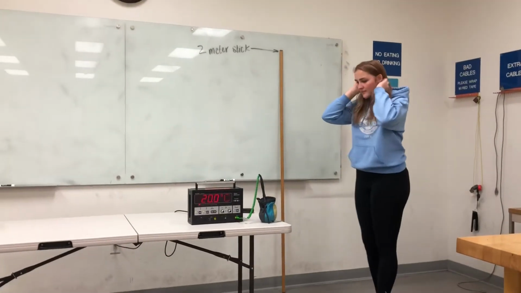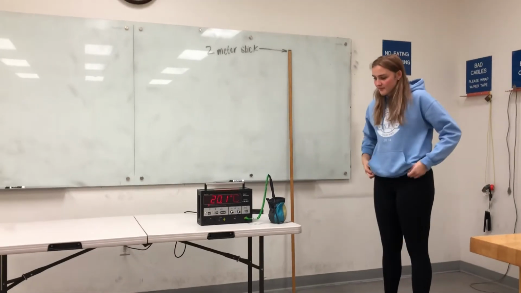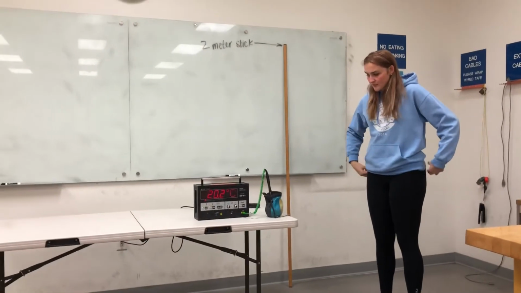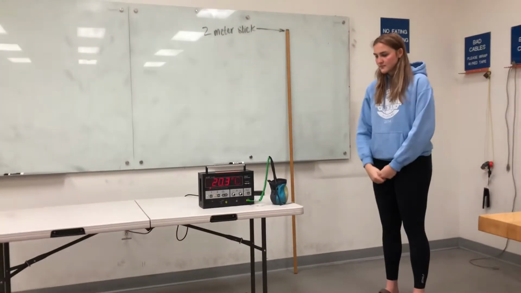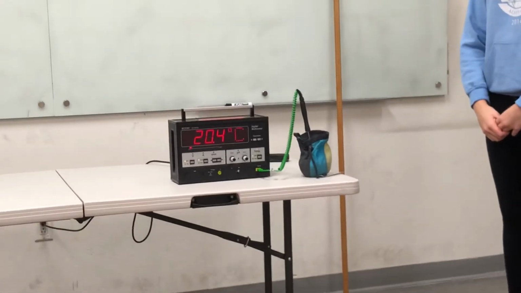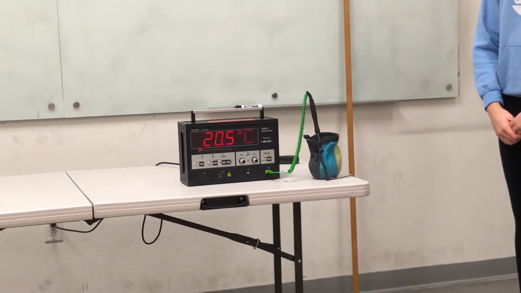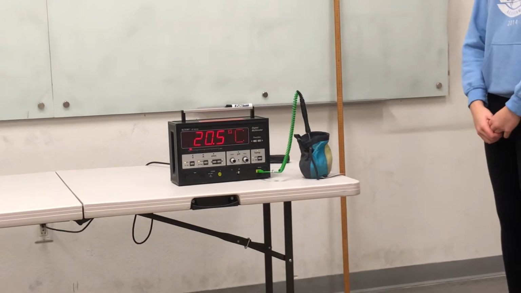Put it on the table, measure the temperature, put that rod in there so we can measure the temperature, and then we'll wait a little minute till the temperature stabilizes, and we have our new temperature. It's still going up a little bit.